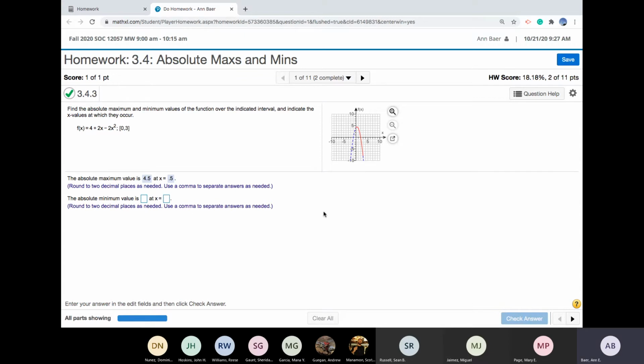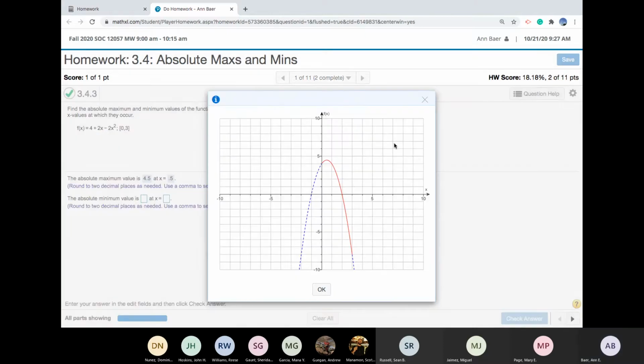Now, we did the max on this problem, so let's do the min. So let's go back and take a look at this graph. Now we can visually see where the min is. It's the lowest point on the graph, which is right down here, the lowest point.